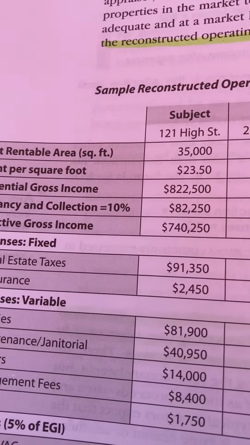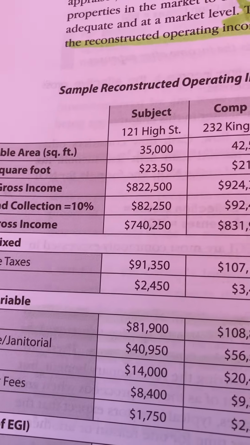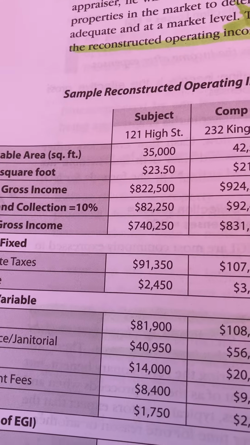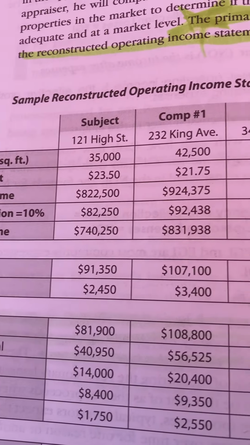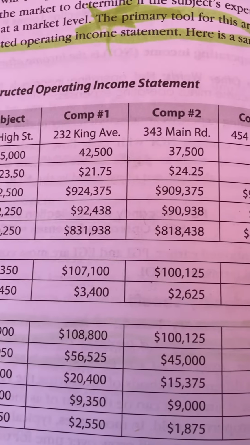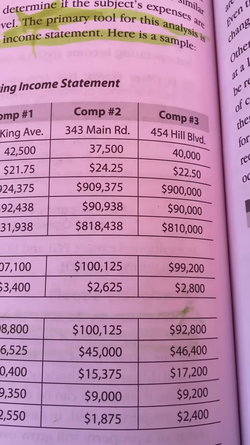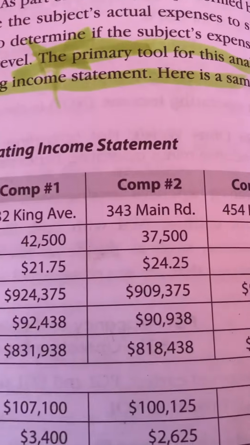The next line is going to be effective gross income. Your subject is $740,250. Comp 1 is $831,938. Comp 2 is $818,438, and Comp 3 was $810,000.